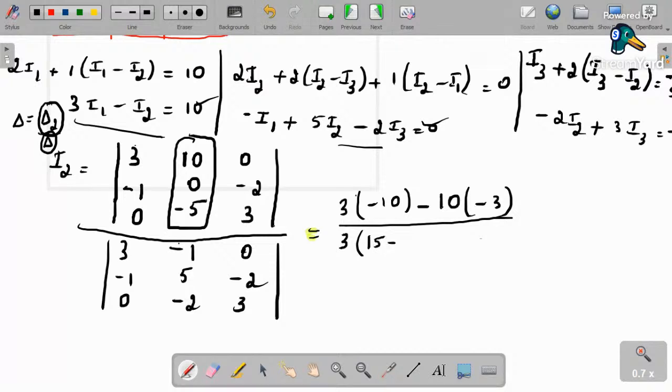You will get 15 minus 4 plus 1, minus of minus 1 into minus 3. Yes, so solve pannina you will get 0 ampere.